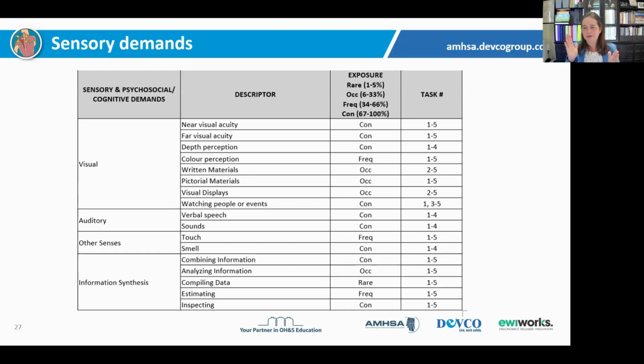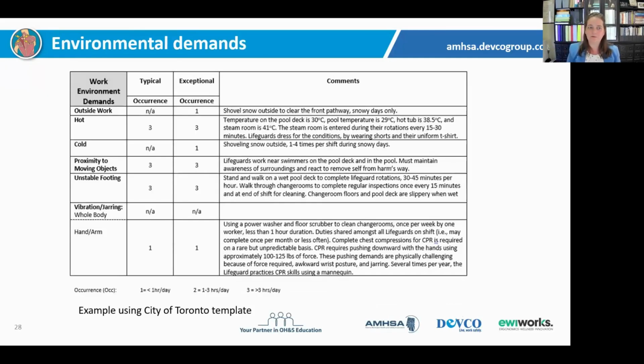If you are able to differentiate between near vision versus far vision versus whether differentiating between colors is important, that's going to be really helpful, as well as touch, smell, even a comment section on why some of those things might be important can be really helpful.